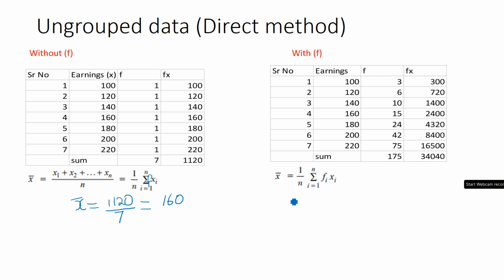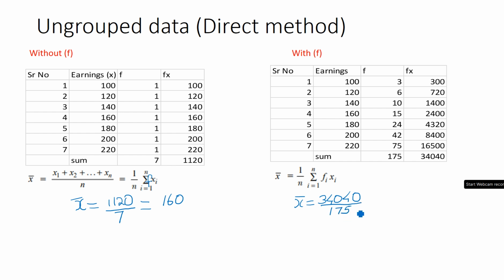Coming to the table on the right hand side, I have summation fxi. Here I have x bar equal to, the summation fx is 34040. But if you notice, now I don't have data for only 7 people, but actually I have data for 175 people.